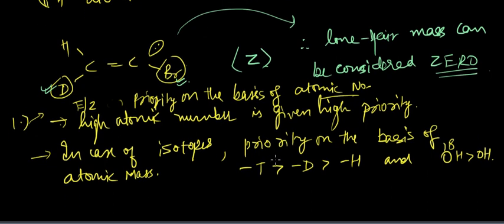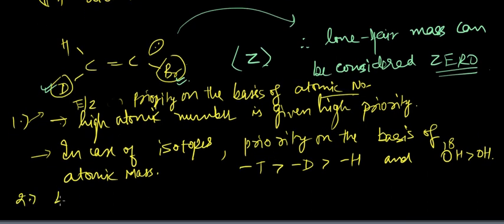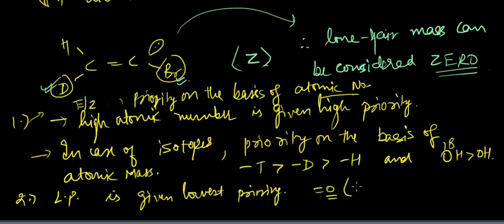And obviously the second point is lone pair is given the lowest priority because its mass is 0. Atomic mass can be considered 0.